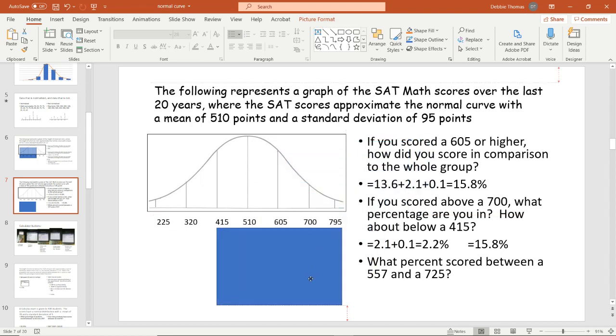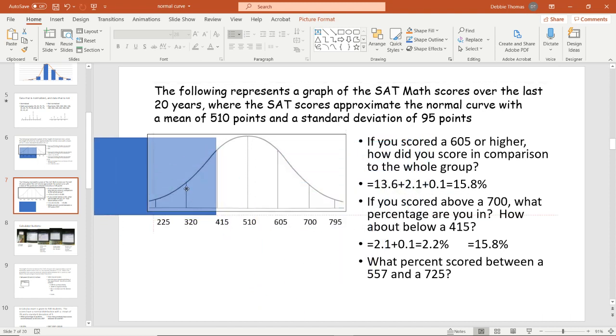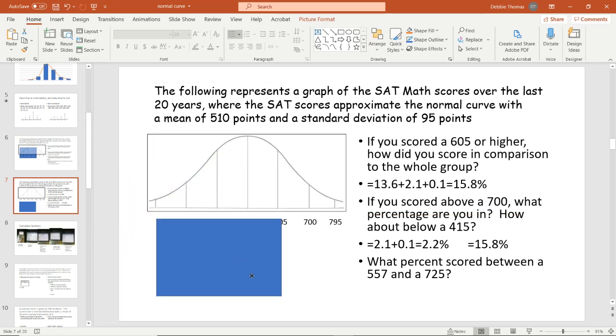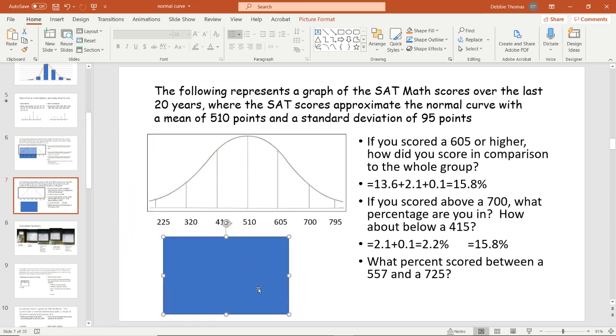And for the 415, I would say I'm in the bottom 15.8%. And you need to use the qualifier when you go to talk, because the numbers are going to be repetitive like that. You need to say where it is. Is it the top? Is it the bottom? Okay. You could, for this one, also say I'm above 84.2%.